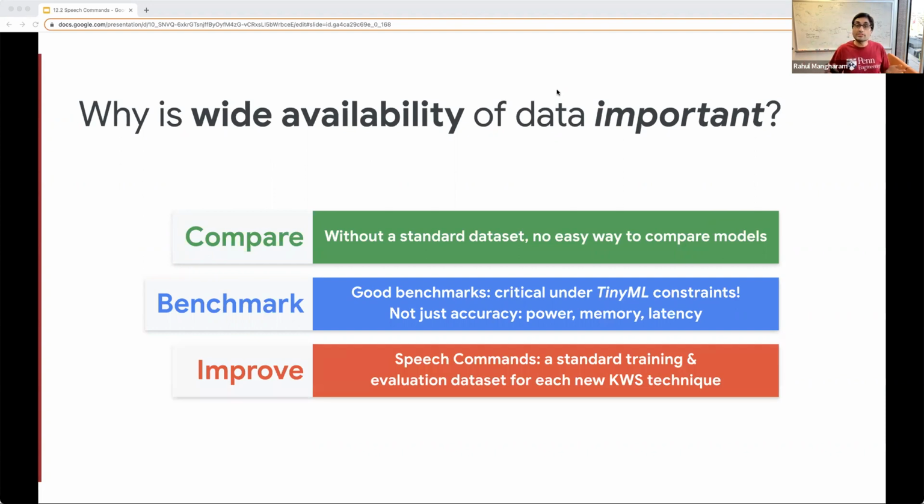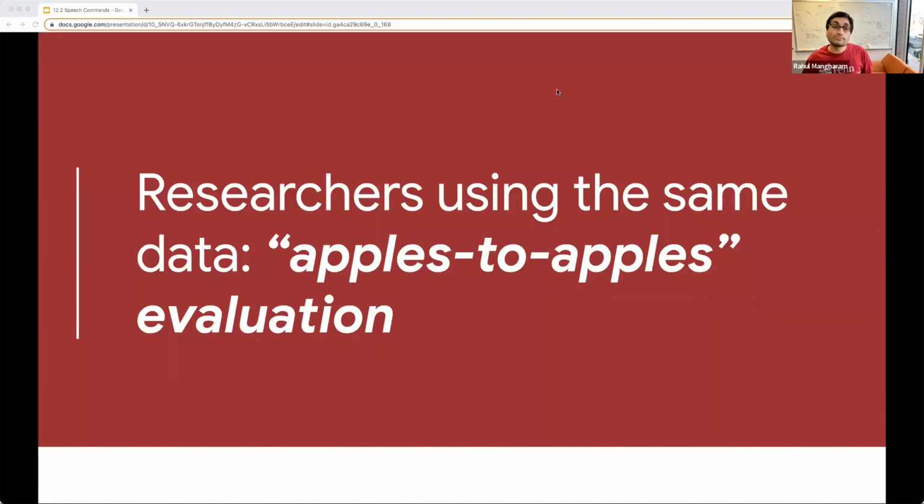And finally, there's a process of being able to improve on the data set that we started off. Speech commands is this original standard, and now we can continue to build on top of it. The key thing that I'm trying to get across here is that if you want to move the needle forward, if you want to enable TinyML in the future, we need to be able to do an apples to apples comparison from the data set perspective, because data sets are the rocket fuel for machine learning models.